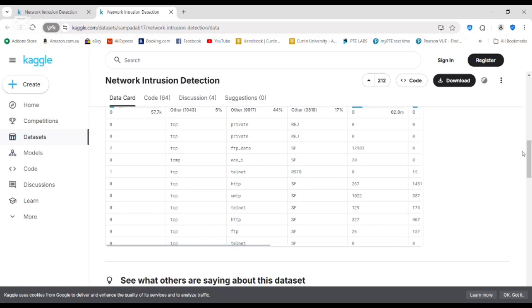Depending on the context, this gives us an idea of the traffic patterns and behaviors in the dataset. So this dataset is looking pretty solid for training and testing an intrusion detection system, and I will be using it to build and refine my model.